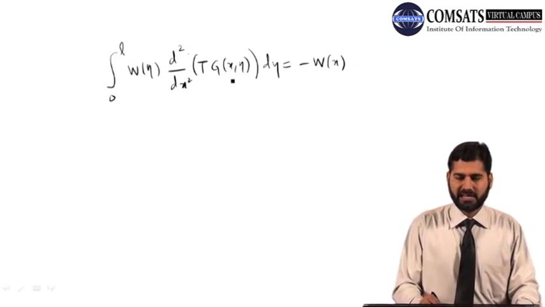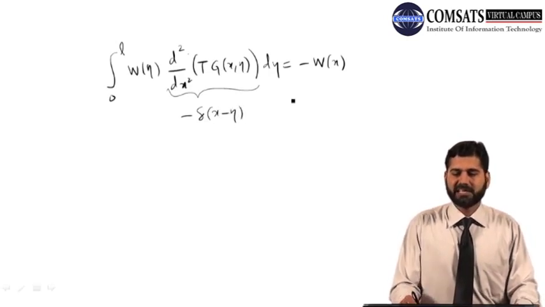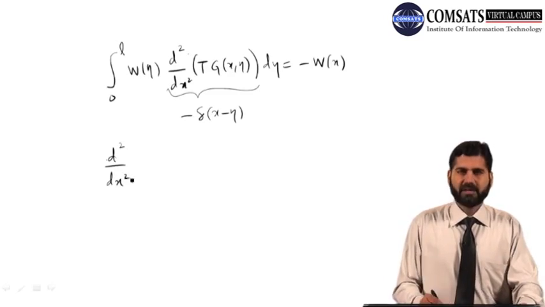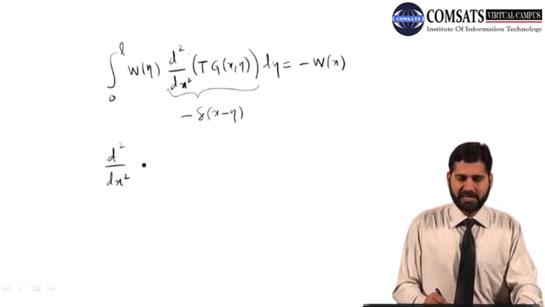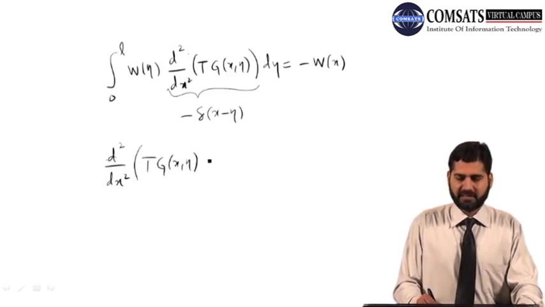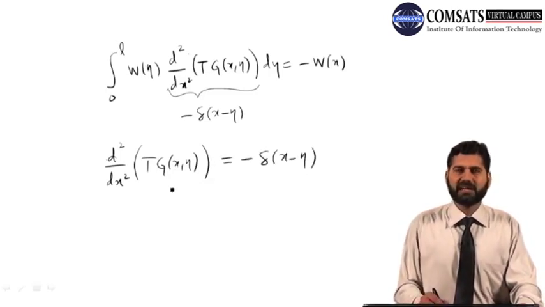And we said if this is equal to negative of delta x minus eta, or eta minus x, this will exactly give you this thing. So this is possible only if d2 by dx square of T G x eta is equal to minus delta x minus eta. So this is basically the basis of the Green's function.